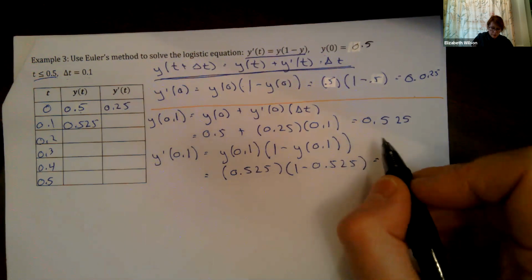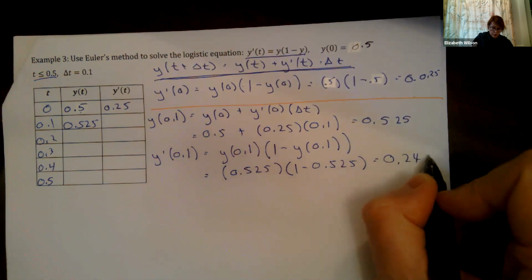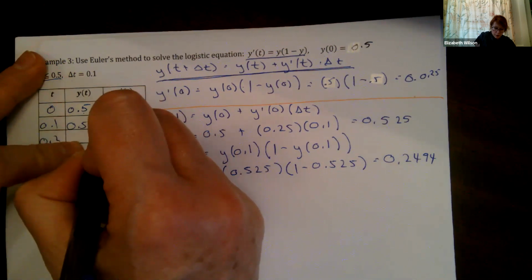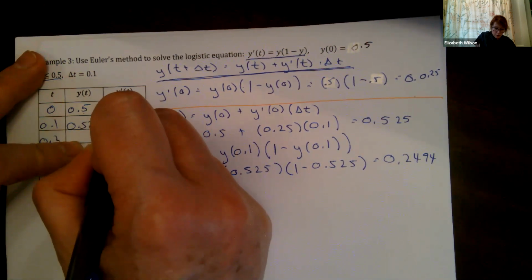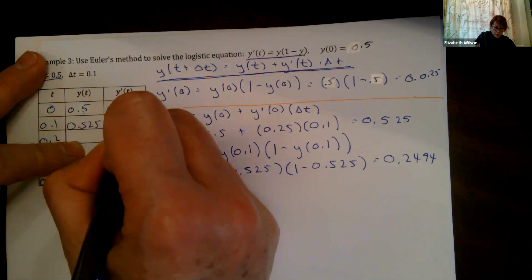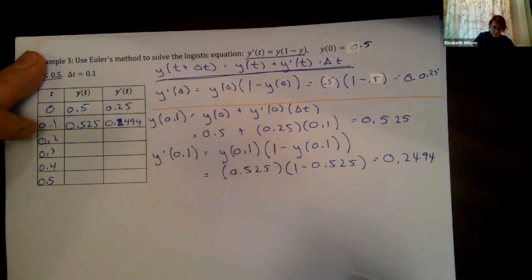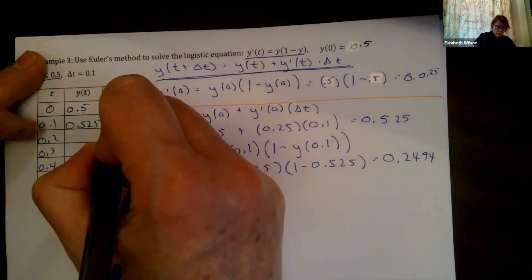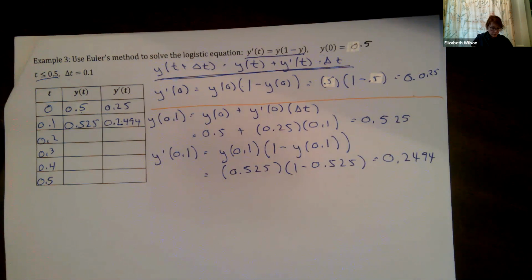And that was equal to 0.2494. So look, our derivative is decreasing. It's a smaller value. Make that look better. 0.2494.